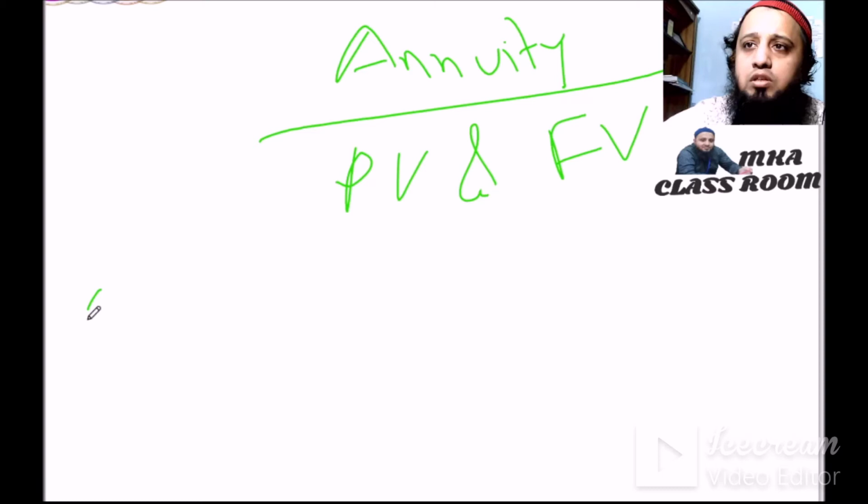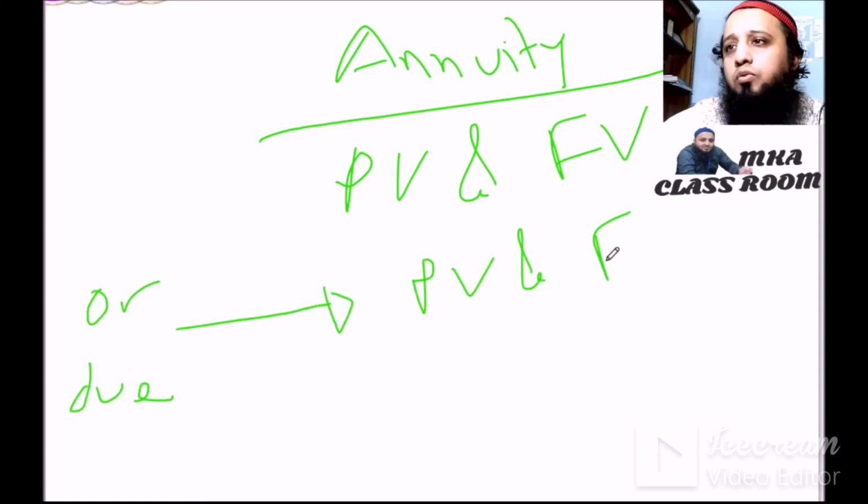So, we have to calculate the ordinary annuity's present value and future value, and for annuity due we have to calculate present value and future value. Now, we can see the formula for present value and future value.